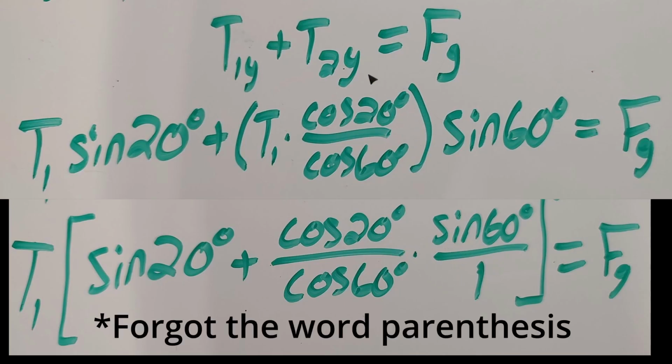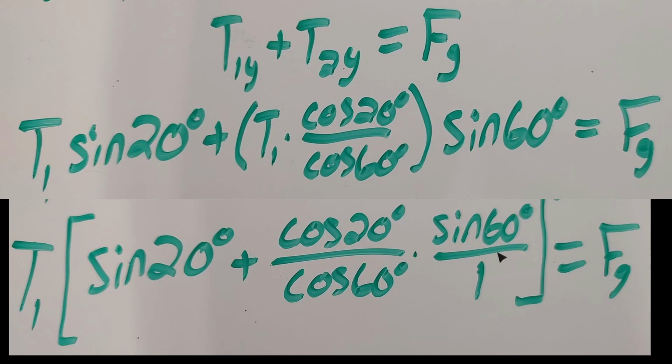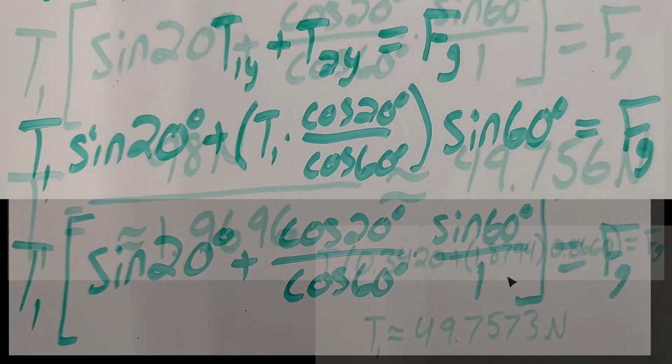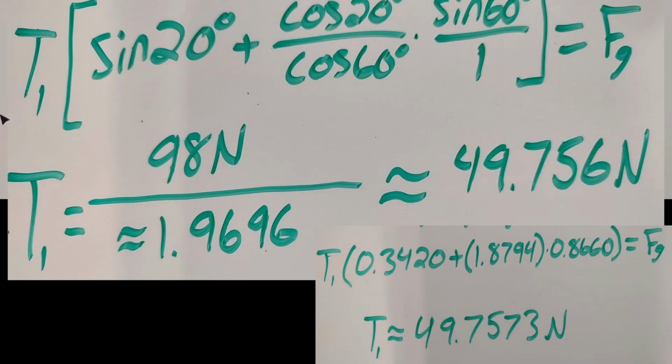That's what these parentheses mean. It's just multiplying. And then now we have T1 times a big constant, right? Sines and cosines of angles are all just numbers. So we divide by all this to get T1.